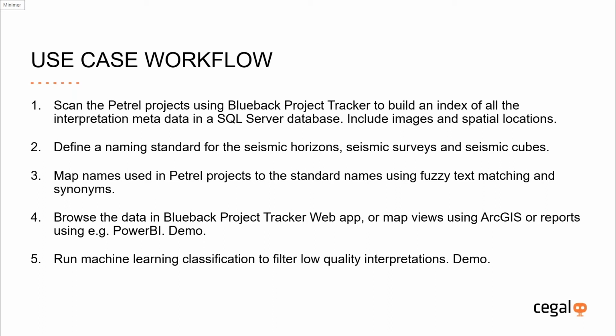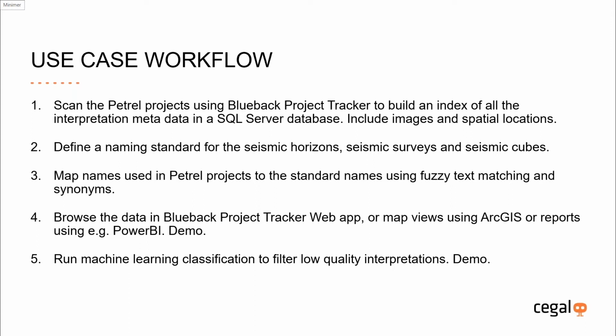So the use case workflow we have is to scan all the Petrel projects using the Blueback Project Tracker tool that we have built, to index all the interpretation data and save that to a SQL Server database. Then we define a naming standard for the main objects: seismic horizons, surveys, and cubes.